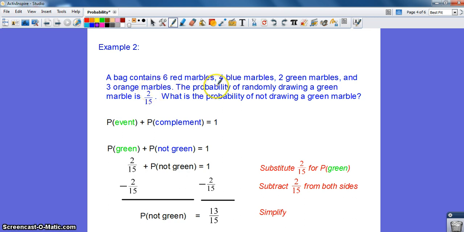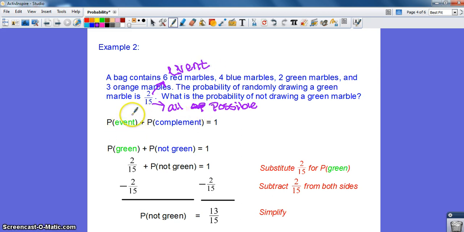So the probability of randomly drawing a green marble is 2 out of 15 because 6 plus 4 plus 2 plus 3 is 15. So this is all the possible outcomes, and this one right here is our event.